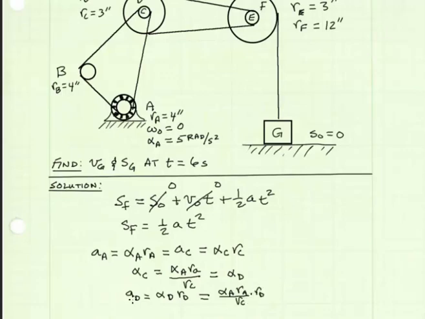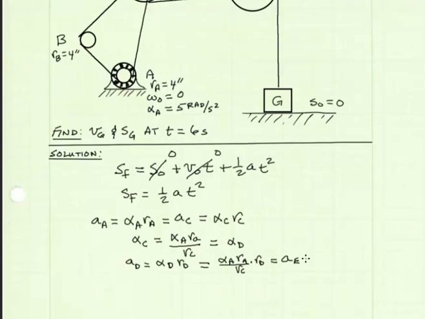The tangential acceleration at D is also equal to the tangential acceleration at E, which is equal to the angular acceleration of E times the radius of E. So the angular acceleration of E is equal to alpha A, R_A, over R_C times R_D divided by R_E.